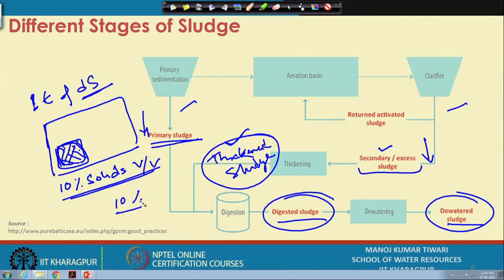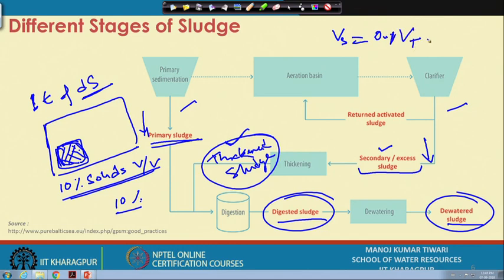Let us say the total volume occupied by these solids is V. So, V is the volume due to the solids. The volume of solids is essentially just 10%, that means 0.1 times the total volume of the sludge.